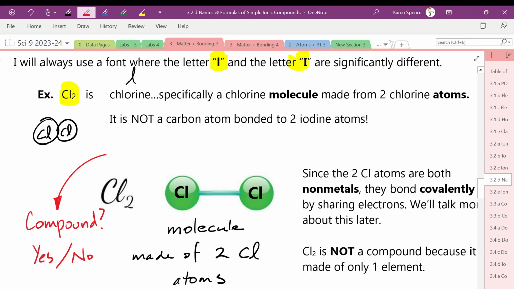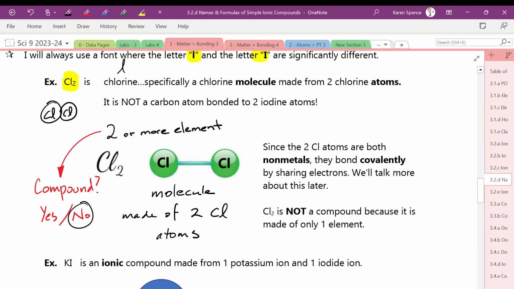It is not. You're absolutely right. It is not a compound. What does something need in order to be a compound? Two or more elements. And here we only have one element. So this is a molecule of an element. Give you a minute to write there.